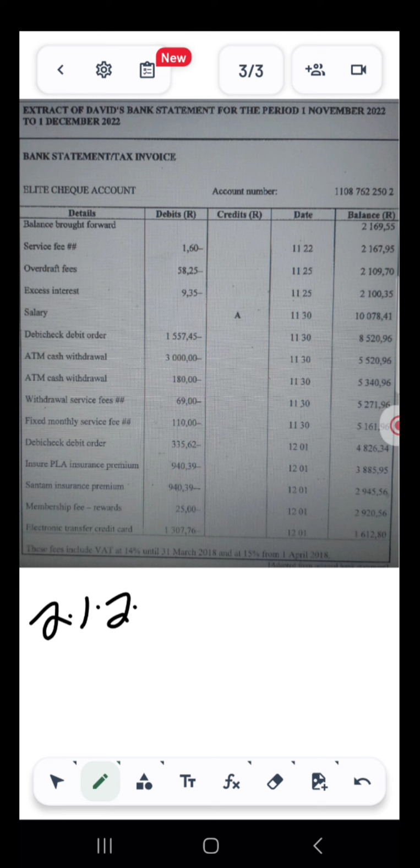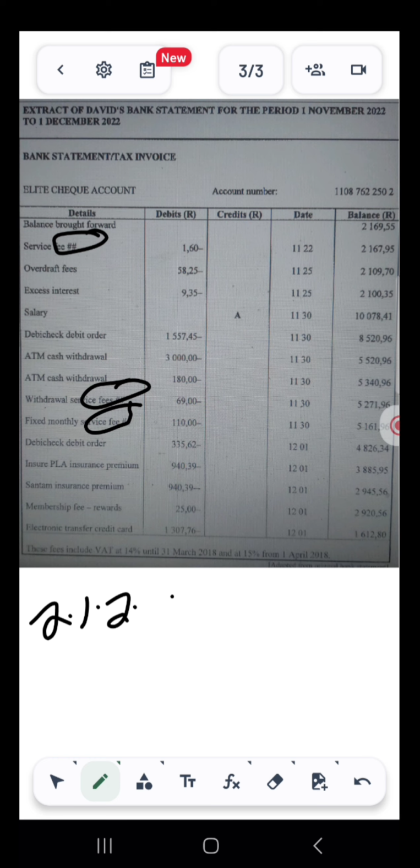Then those will be your service fee. So we have 3 service fees, right? So we add these service fees ukuthi sibone ukuthi kahle kahle ukhokhe malini for ama service fee.